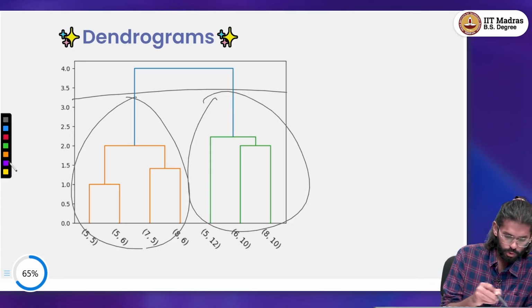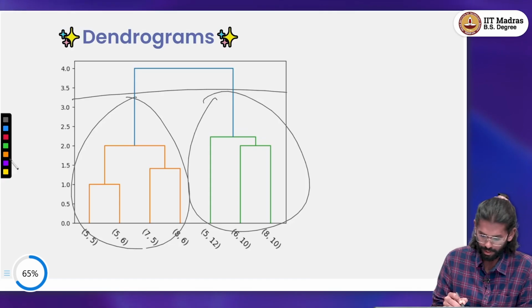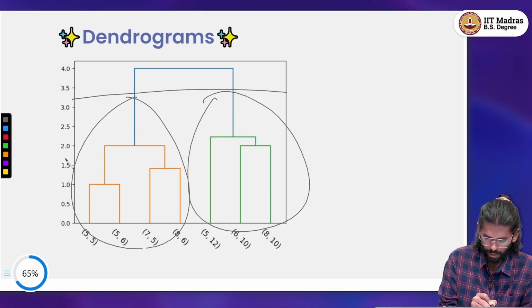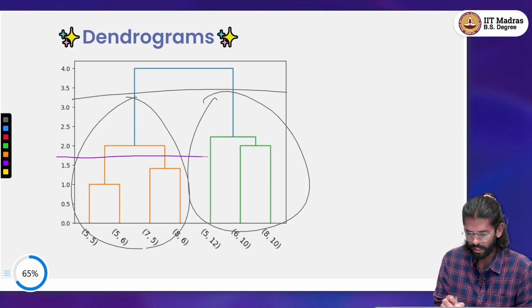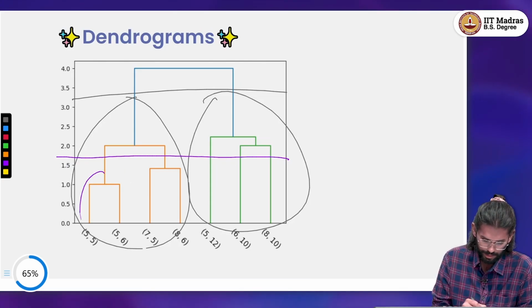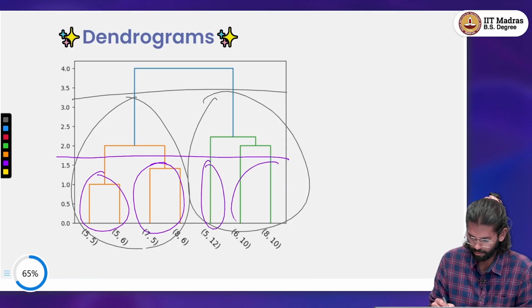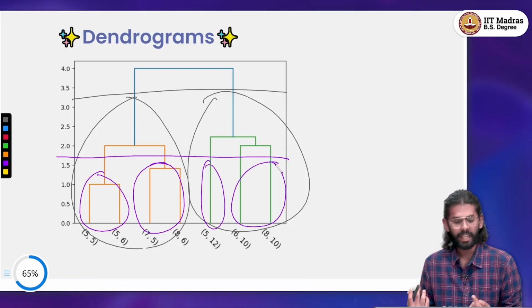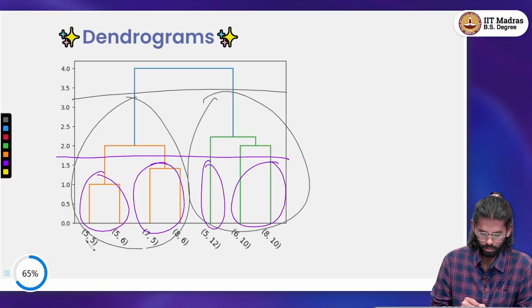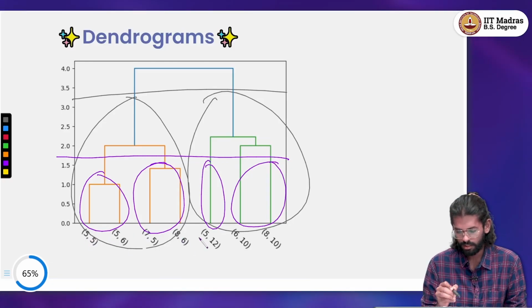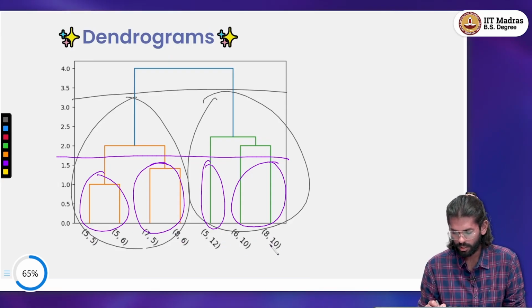Whereas if I choose to cut at a different point, say somewhere here, right, then I have this one, which is a single one, and then we have two here. So if I cut it there, I have 4 clusters. One would have 5 5 and 5 6, the other one is 7 5 and 8 6, the third one is just 5 12, and the fourth one is 8 10.